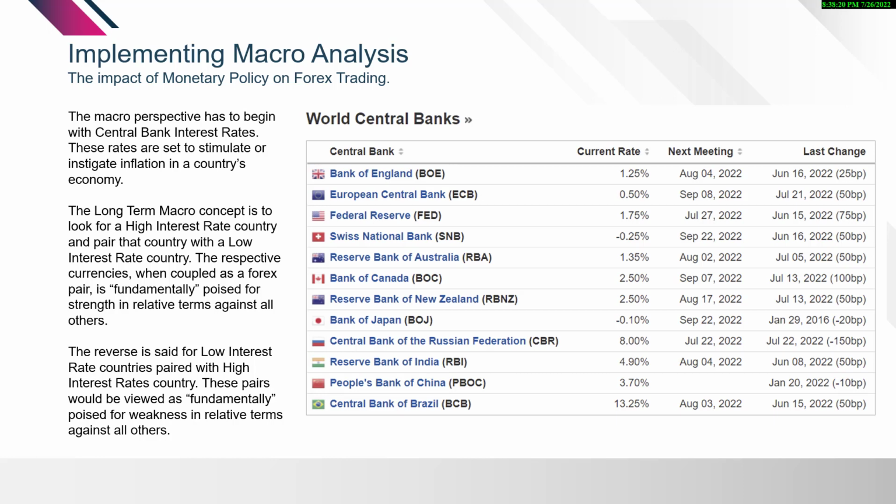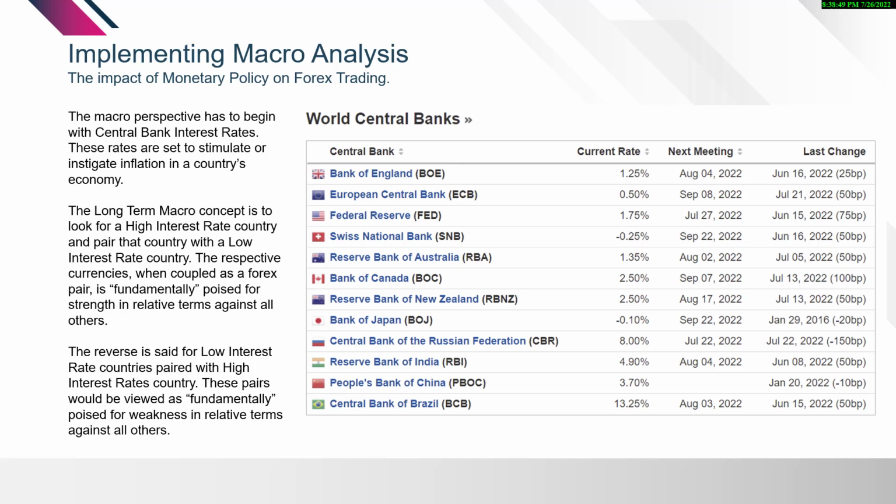So, for example, we can see a low rate country versus a higher rate country. We're looking at which one has got lower rates here. Low rate country, we've got euros at 0.5, we've got CHF at negative 0.75, then we've got the yen at negative 0.1.